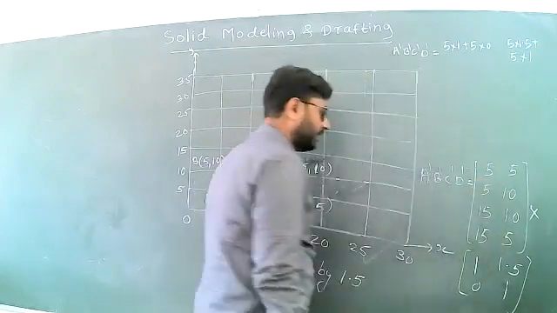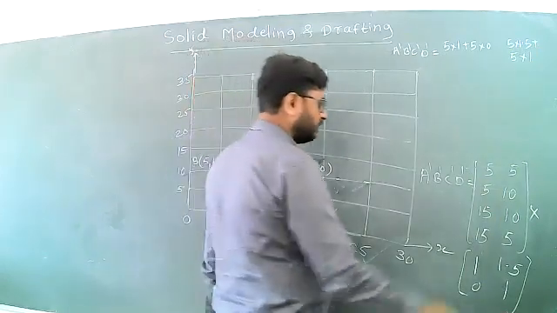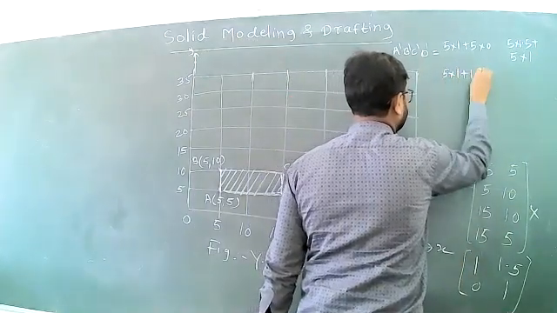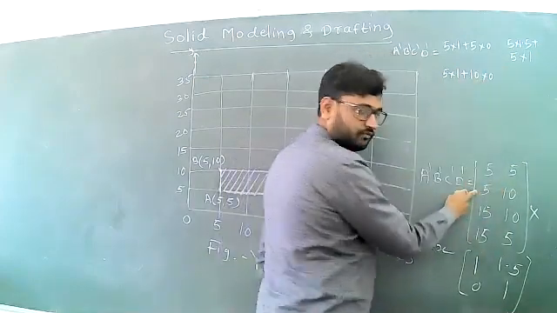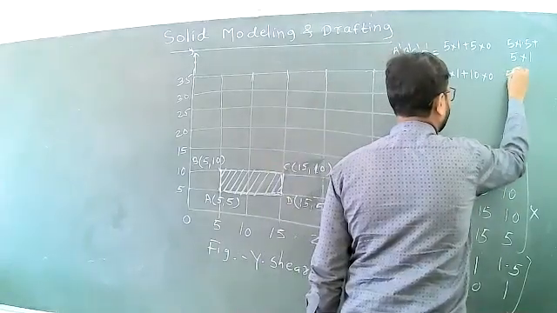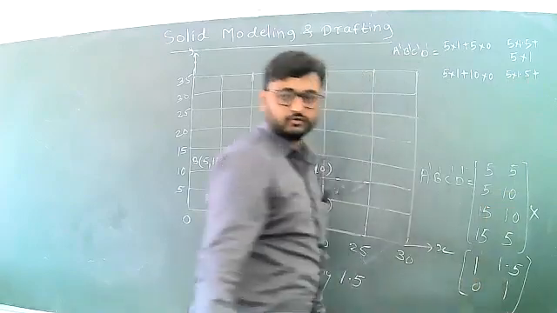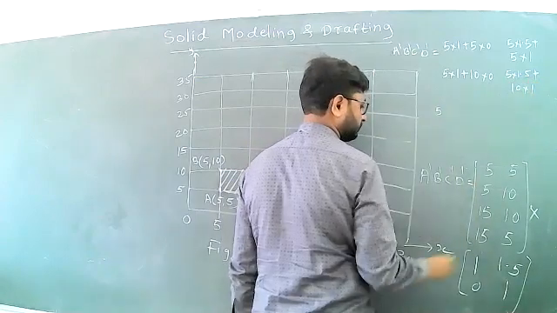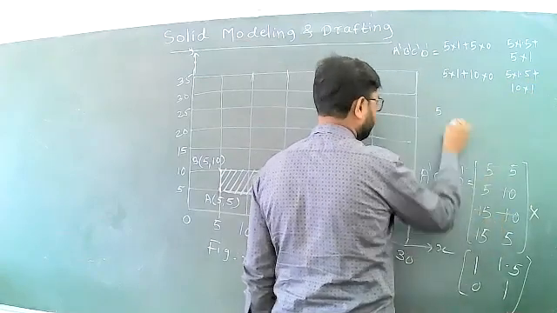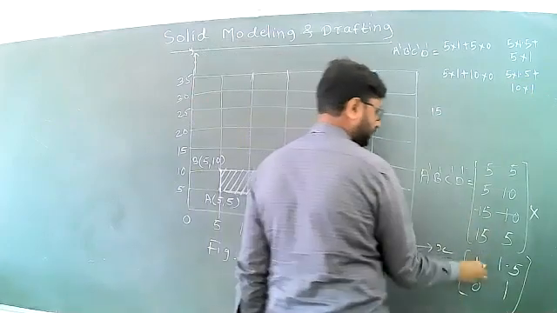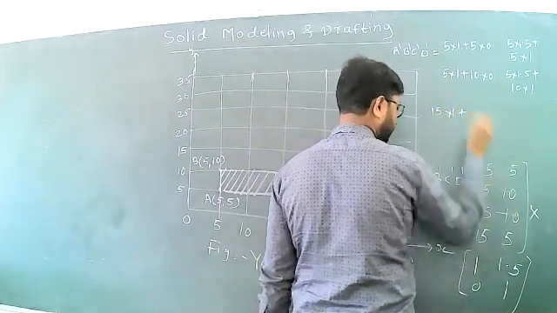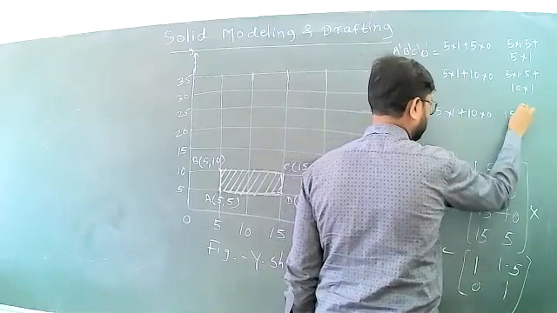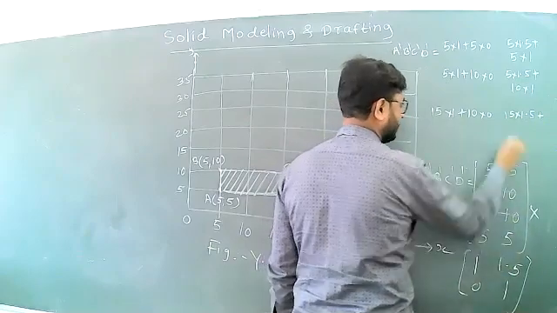Second row: 5 into 1 plus 10 into 0, and for the second term, 5 into 1.5 plus 10 into 1. Then the third row: 15 into 1 plus 10 into 0, and the second element is 15 into 1.5 plus 10 into 1.